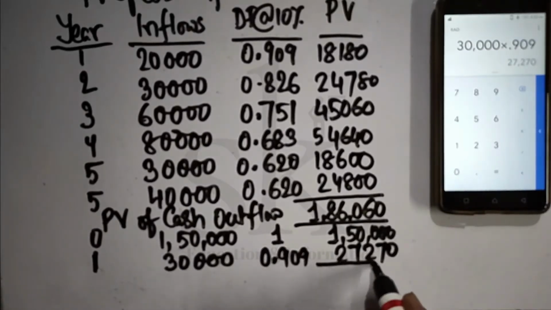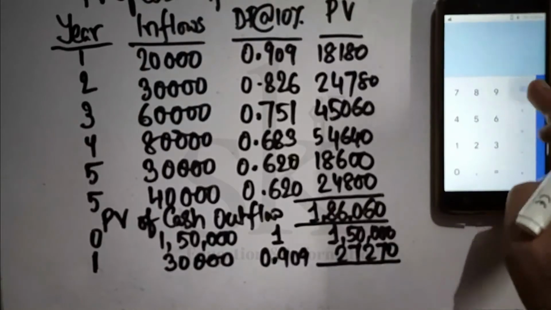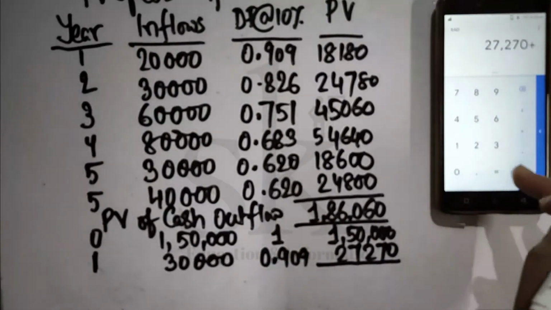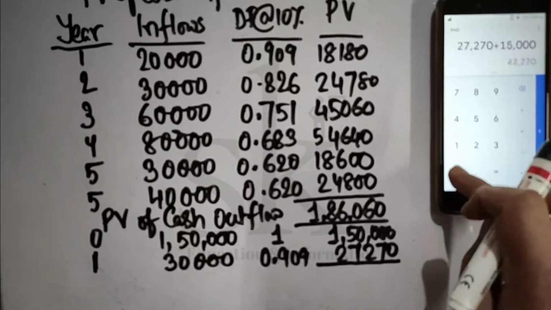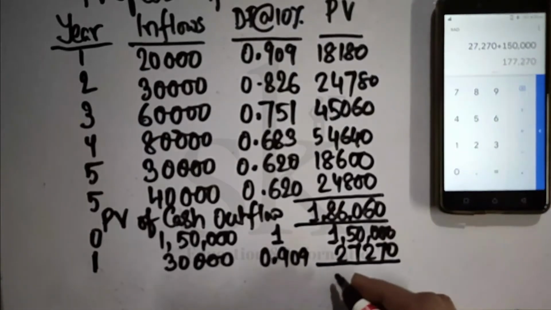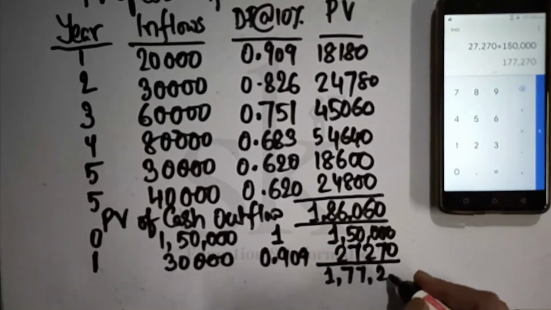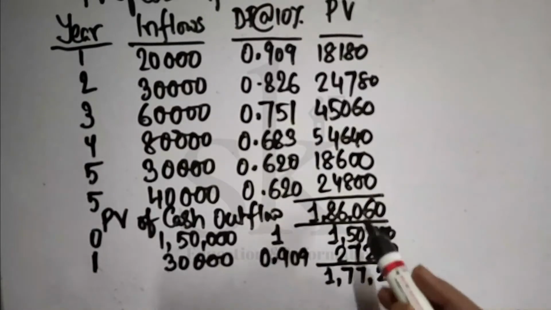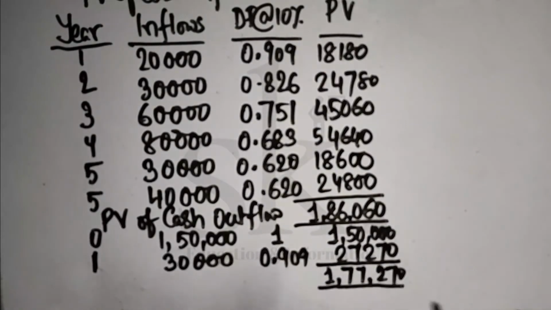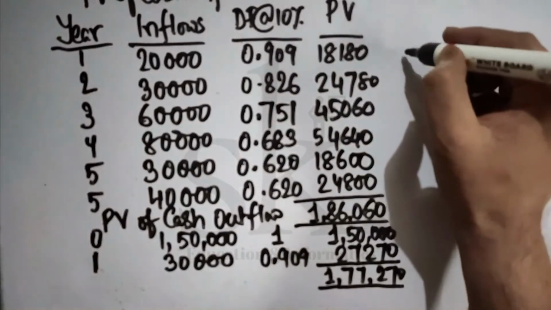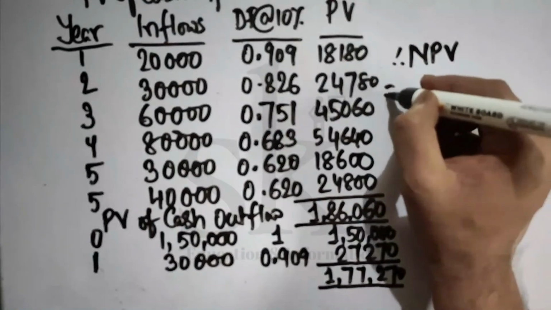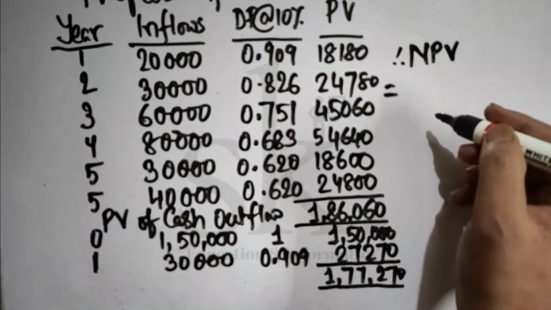So the PV of cash outflow, if I add up, 27,270 plus 1,50,000, it's coming 1,77,270. So this is PV of cash inflow and this is PV of cash outflow. Therefore, I know NPV is equal to PV of inflow minus PV of outflow.